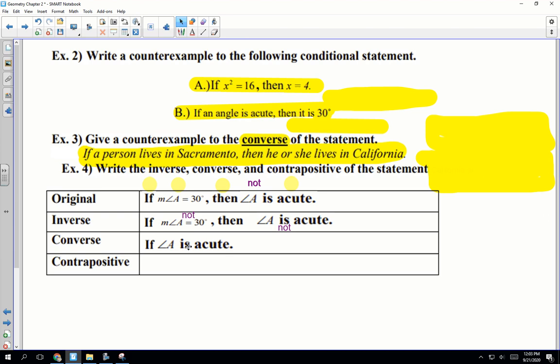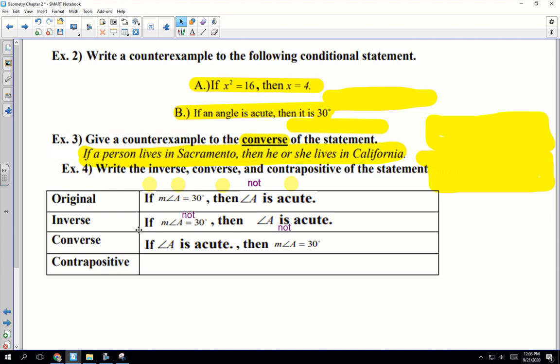If angle A is acute, then the measure of angle A is equal to 30 degrees. Not that that's true, because we looked at this before and we saw, oh yeah, that really doesn't ring true. But whether it's true or false, that is the converse of the statement.